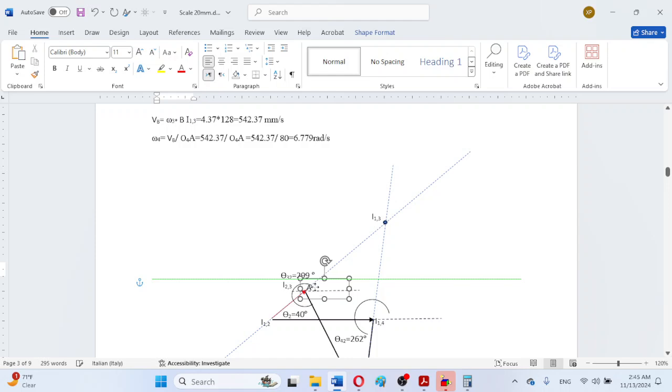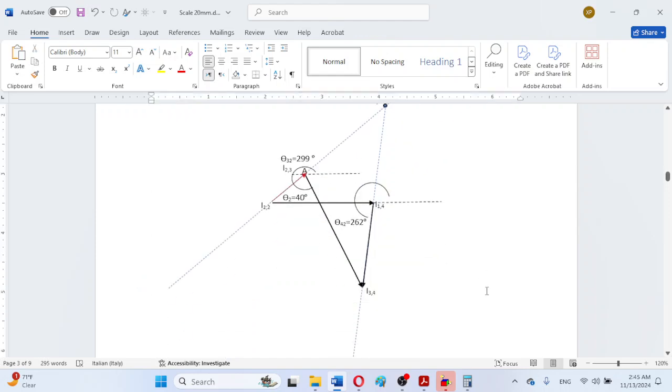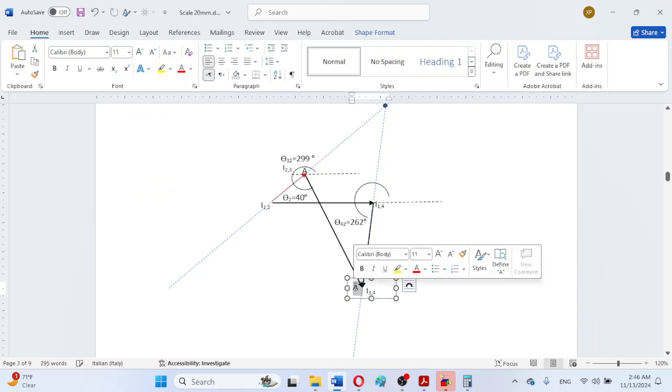That is point A, and this is point B dash.